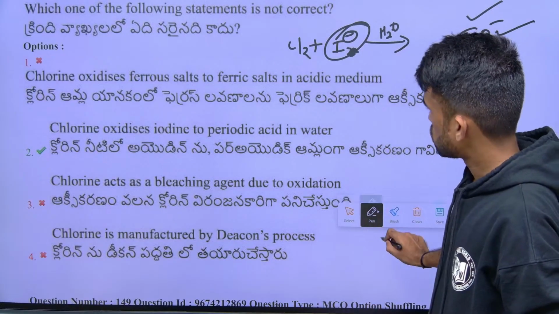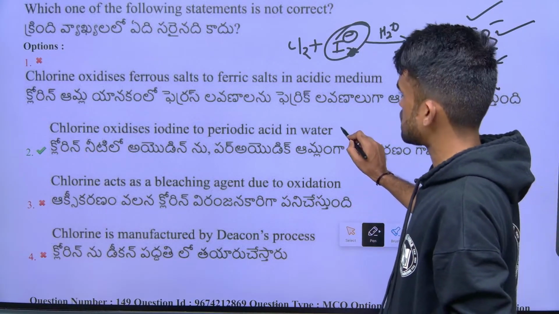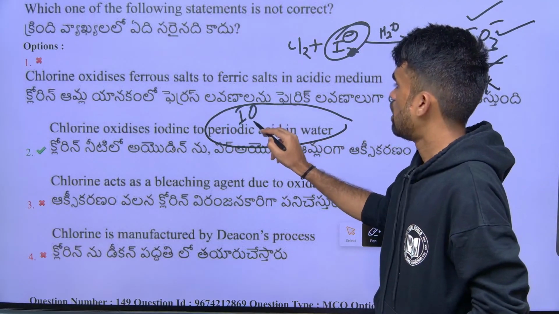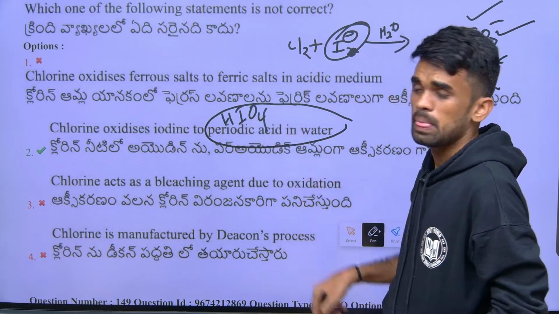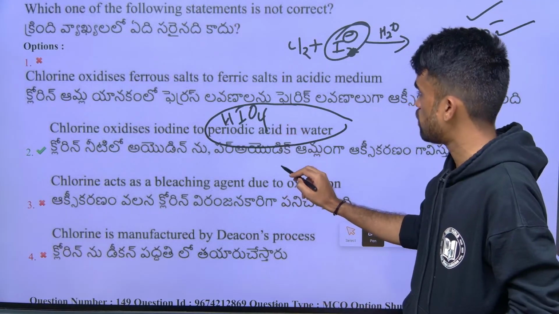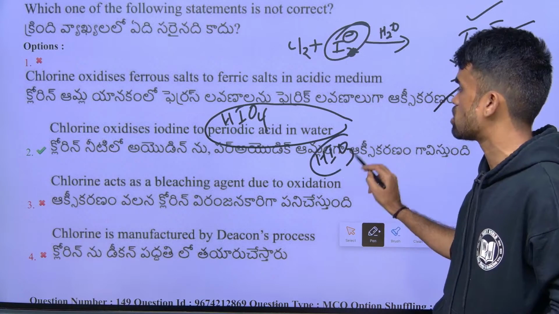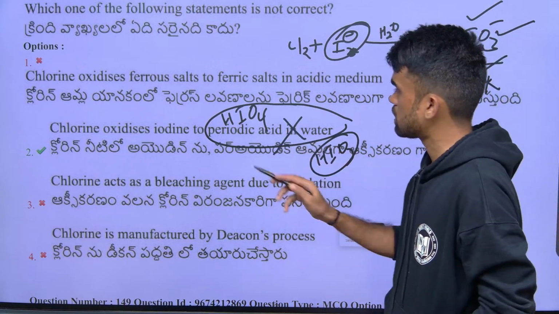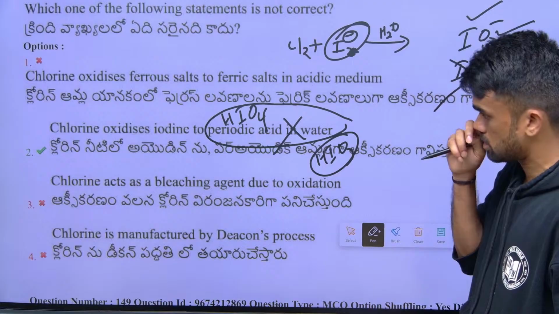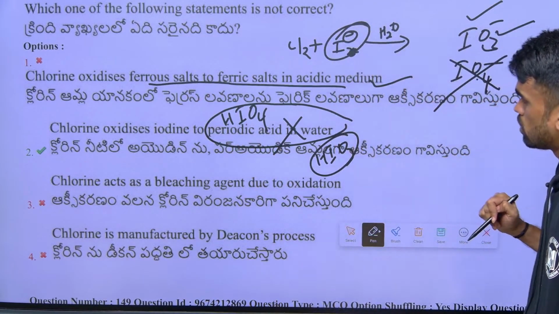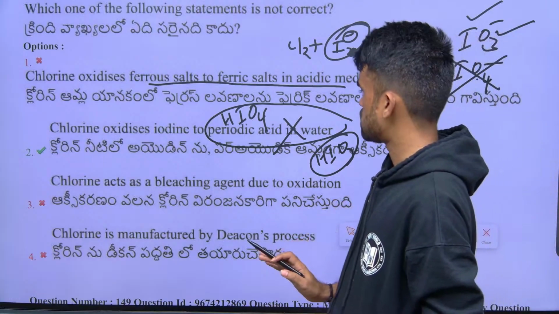So yes, this is not correct only, because what I told you, the periodic acid formula is HIO4 actually. So this is not HIO4, actually it is forming only HIO3, up to here only it will oxidize. So this is the incorrect one, you can choose that as the answer. Chlorine oxidizes ferrous sulfate to ferric, yes, this is correct only. The other options are also correct.